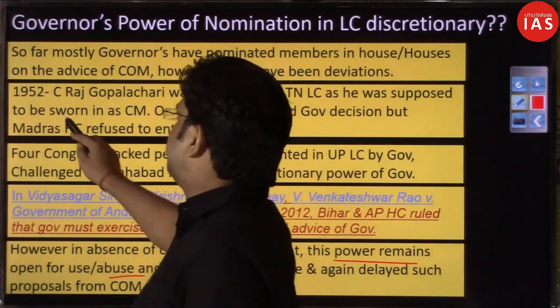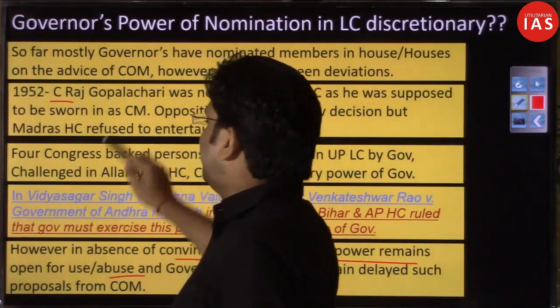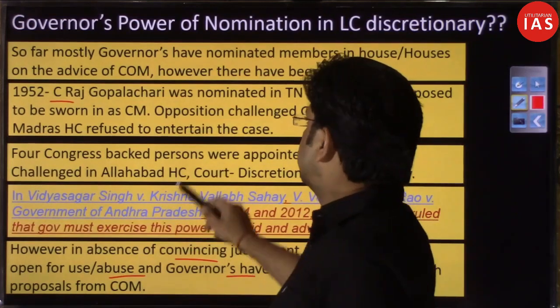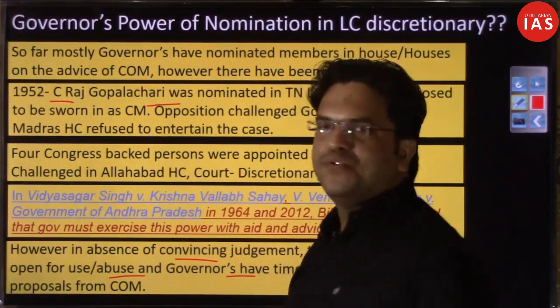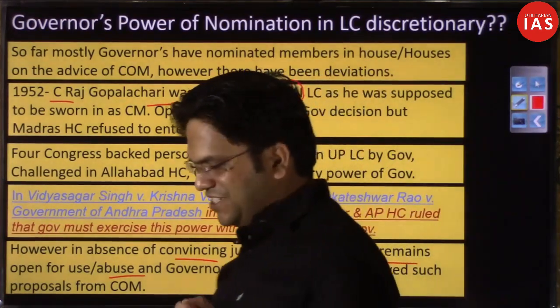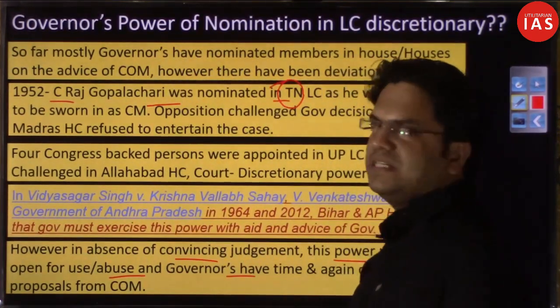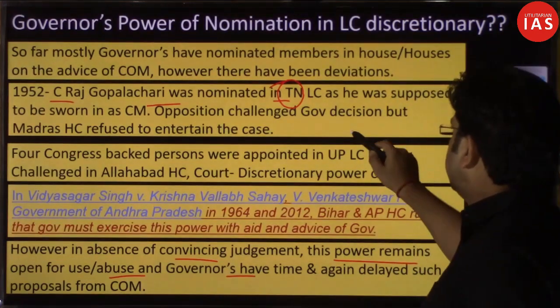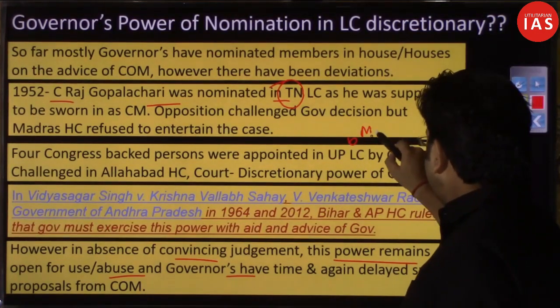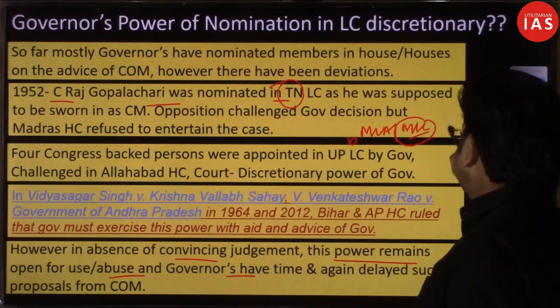So you had in 1952 C. Rajgopalachari, a popular leader of Congress, who was not even an MLA in Tamil Nadu, and he was to be made Chief Minister. When he was to be appointed Chief Minister, it was necessary that he should be an MLA or MLC, part of the state legislature, within 6 months.